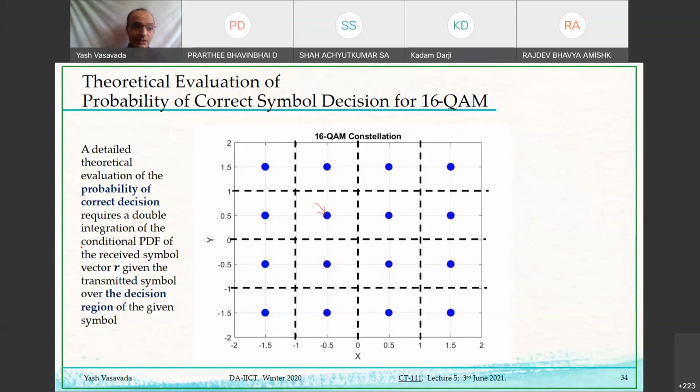By the way, this received symbol is now not a scalar, it is a two-dimensional vector. So I will have to take the conditional PDF of this two-dimensional vector, given that this symbol was transmitted. And that conditional PDF, I will have to integrate over the decision region for this symbol. And that will give me the probability of detecting this symbol correctly.